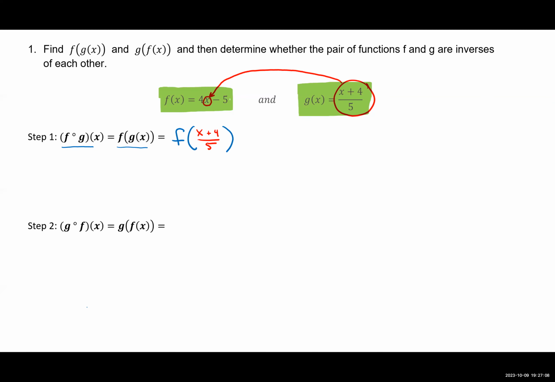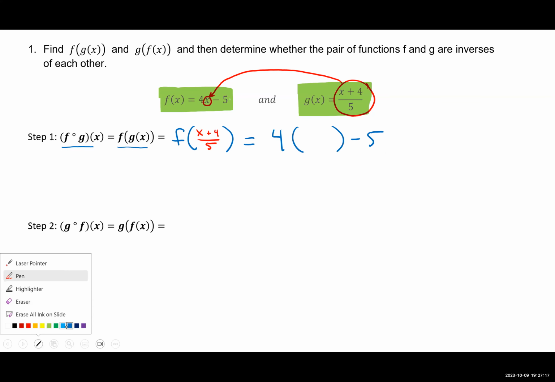The whole g function is going into the x. So that's 4 instead of 4 times x minus 5. We get 4 times x plus 4 over 5 minus 5.